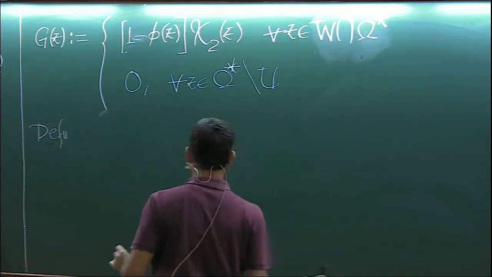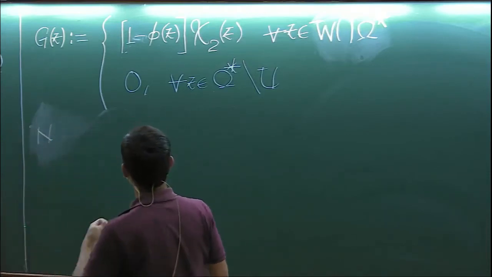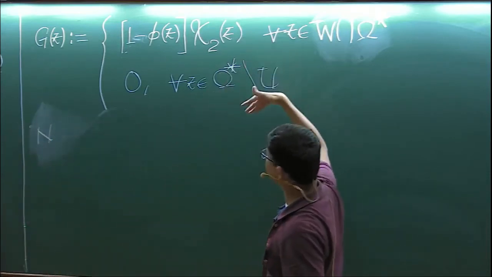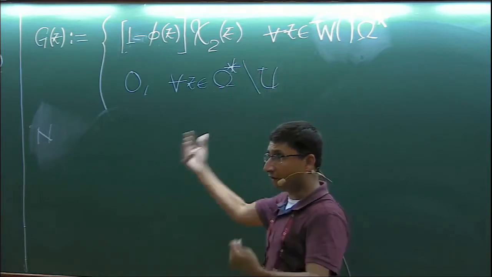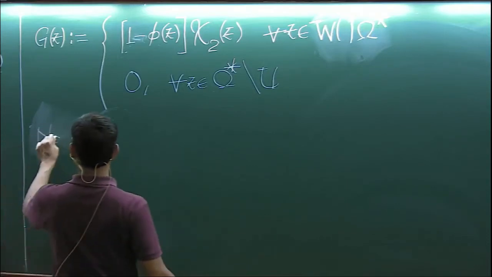So I'm now going to use the following notation, okay? It's kind of annoying to have to use this schema of defining something and then redefining outside of the support of a compactly supported object, okay? So I'm going to use this notation.